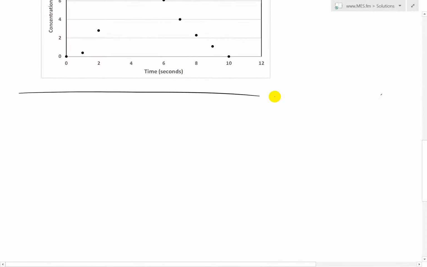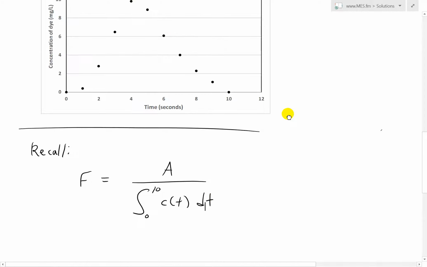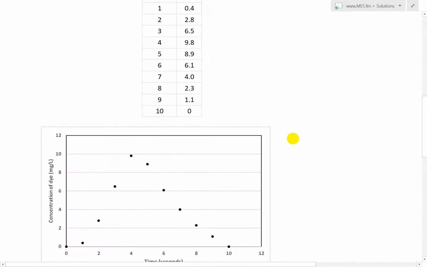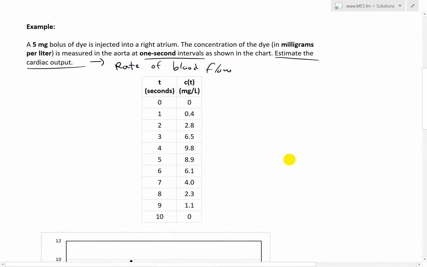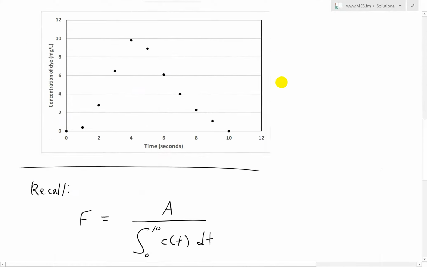Recall that the flow of blood, or the flow rate, or cardiac output, so many ways of saying it, is F equals A over the integral from 0 to, in our case, 10 seconds, of C of t dt, where C of t is the concentration of the dye in milligrams per liter, times seconds.